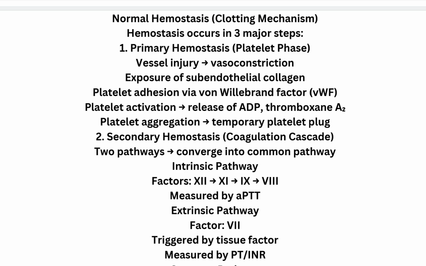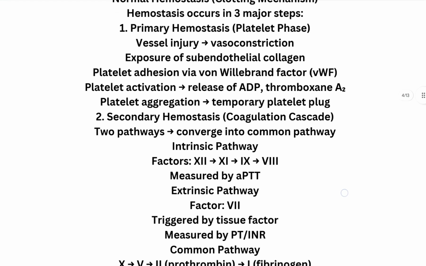Whenever the subendothelial collagen gets exposed, it leads to adhesion of platelets and activation of von Willebrand factor, so that further platelet activation happens, and release of ADP and thromboxane A2 leads to platelet aggregation and formation of a temporary platelet plug.